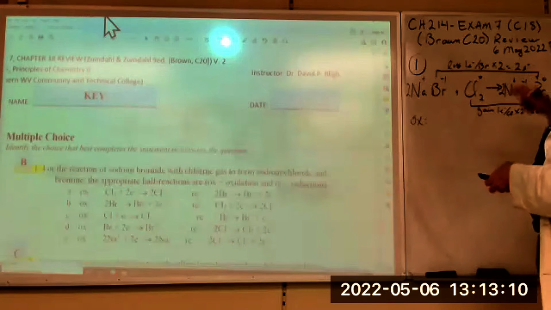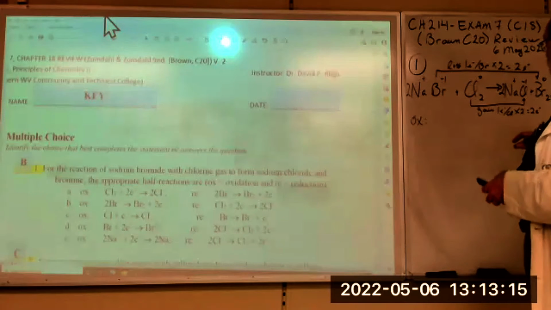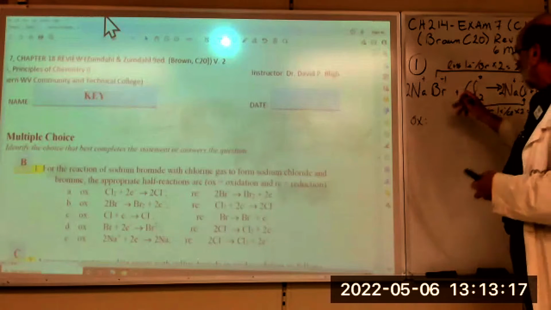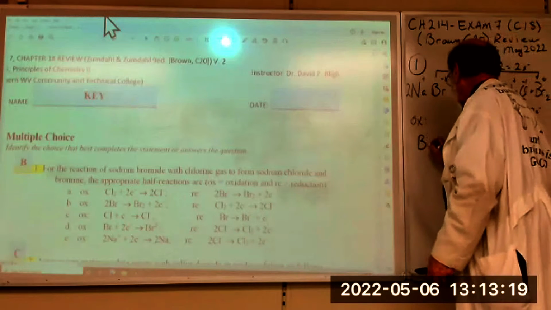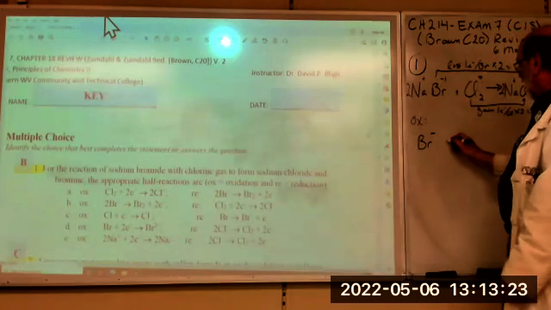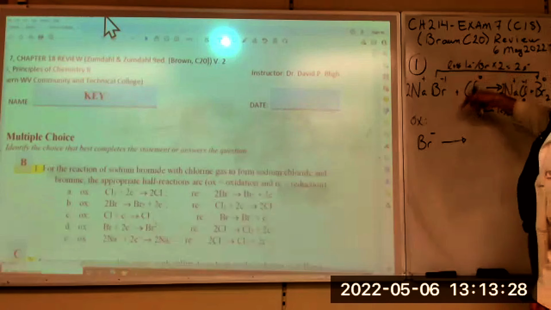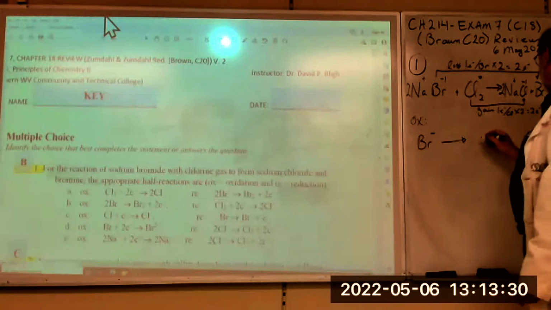Okay, so when we do the step for oxidation, where oxidation is loss, we're going from bromide minus, and then the electron for loss goes on the product side.